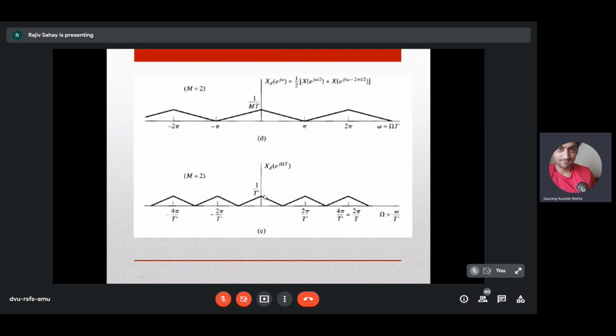So here it is t prime, t prime, t prime, okay, everywhere in this plot. So let's look at the explanation.